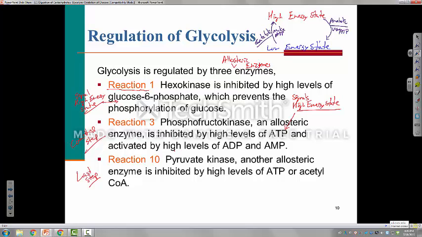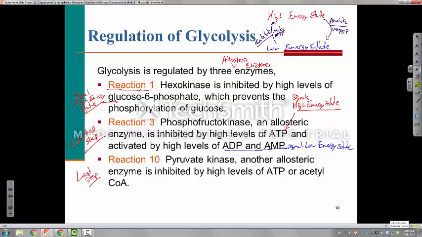Conversely, it's going to be activated when levels of ADP and AMP are high. Right? High levels of ADP and AMP. These high levels signal a low energy state or low energy charge. When the energy is low, what happens? Well, we have to go through some catabolic processes and make more ATP, right? So this step is going to be activated when energy levels in the cell are low.